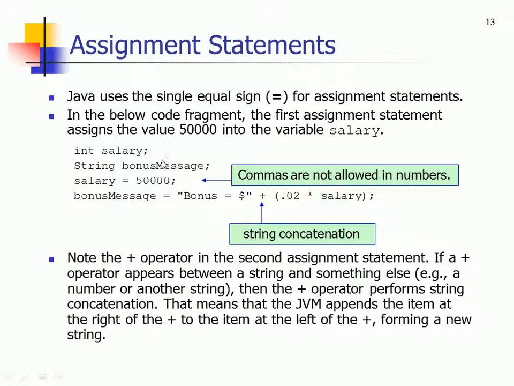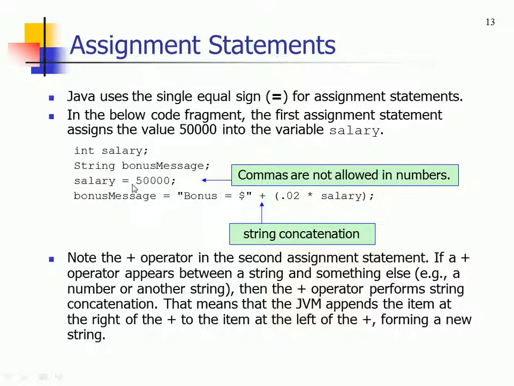You notice the first letter of the second word is uppercase. Of type string. And I say salary equals 50,000. Don't put commas. Don't put dollar signs. Don't put any of that stuff in there. So I could have actually done these two on the same line, which we'll see about soon.